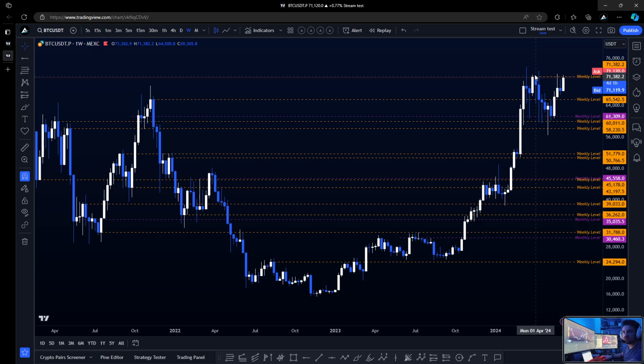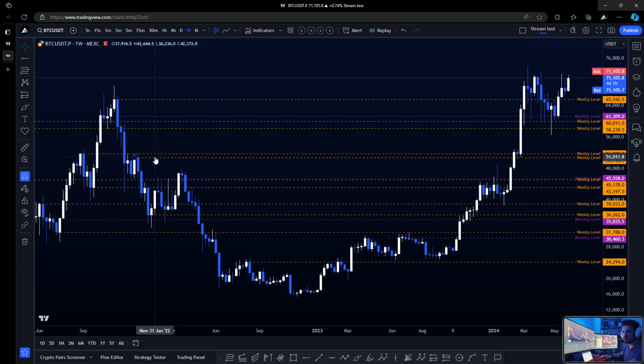Now, in terms of filtering, you should, however, try to filter them into the ones that are more relevant. And the way you see the ones that are more relevant is just by marking out the ones that didn't have much of a reaction, or that proved themselves to not actually be that much of a resistance or support.